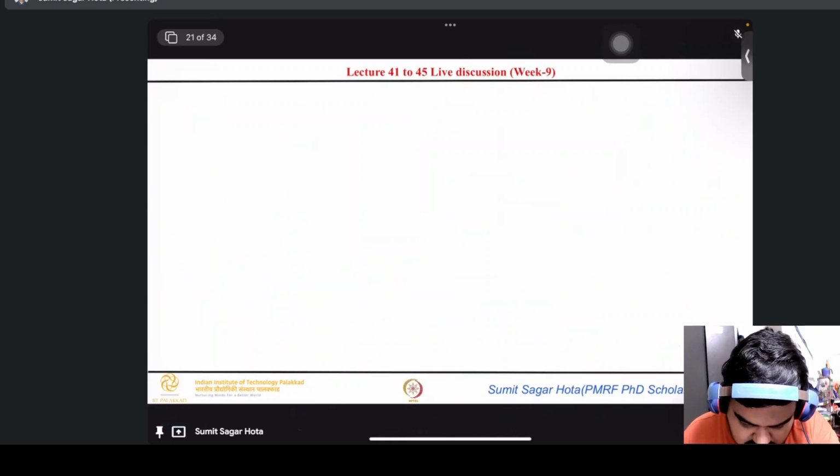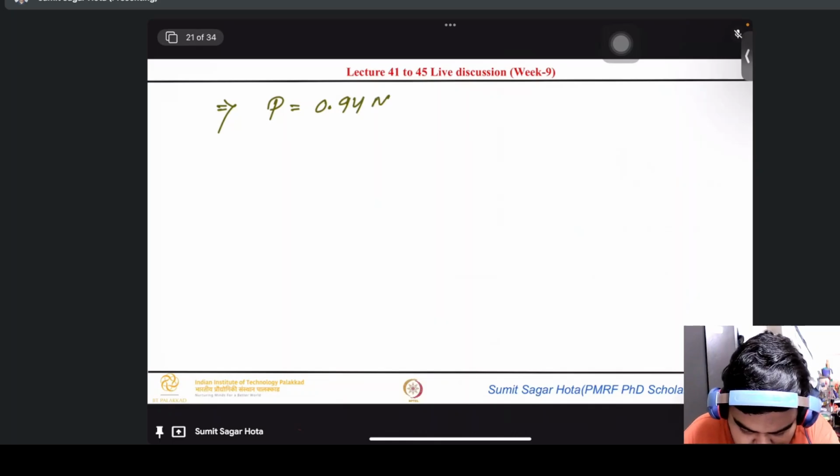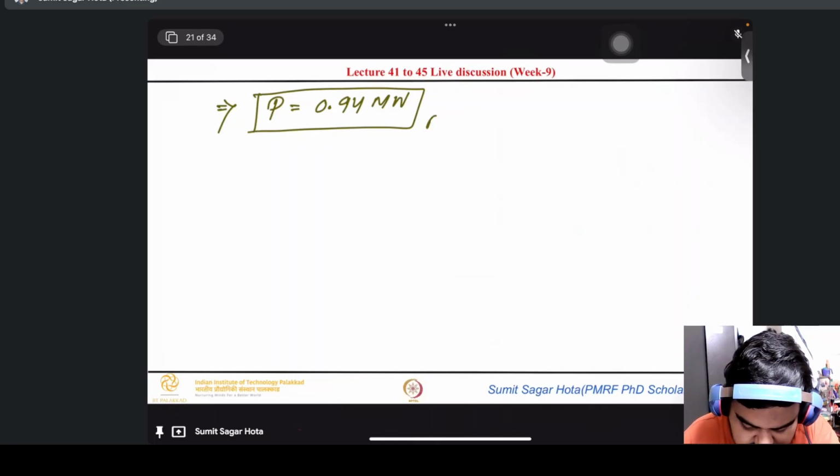Just now solve it and find out the power required. Okay, so P is equal to 0.94 megawatt. Okay, this is your answer.